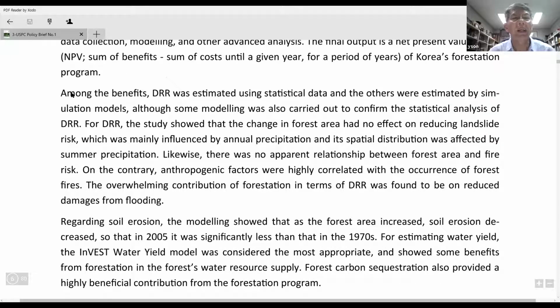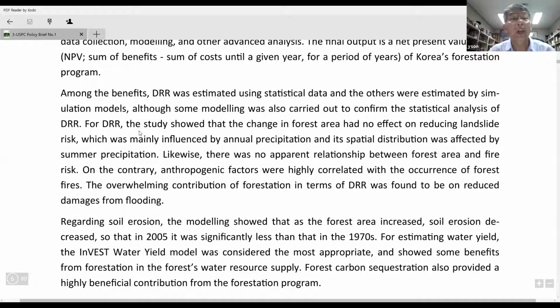Okay, here among the benefits, DRR was estimated using statistical data, and others were estimated by simulation models.